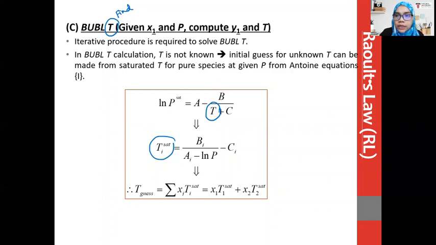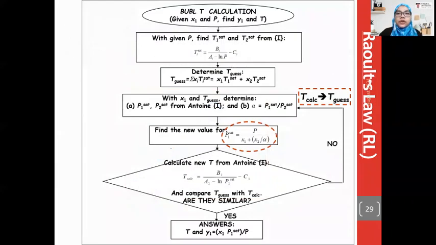Since we have the T saturation, it gives the value of T guess. So to determine the bubble T, we have a few more steps. First, we assume the T saturation by rearranging the Antoine equation here, and then we proceed to the T guess because we already defined our T saturation.